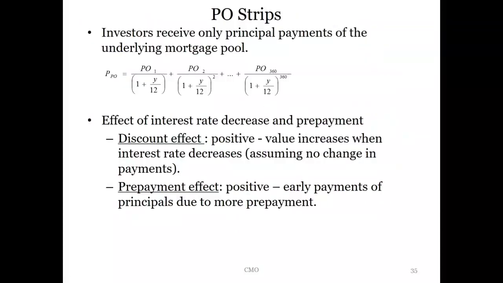For the PO strip, this is the formula we use to price the security. Like I said, present value of future cash flows. When interest rates decrease, these PO 1, 2, 3 will be greater, so you will receive more. At the same time, the denominator will be less, making the price very positive.